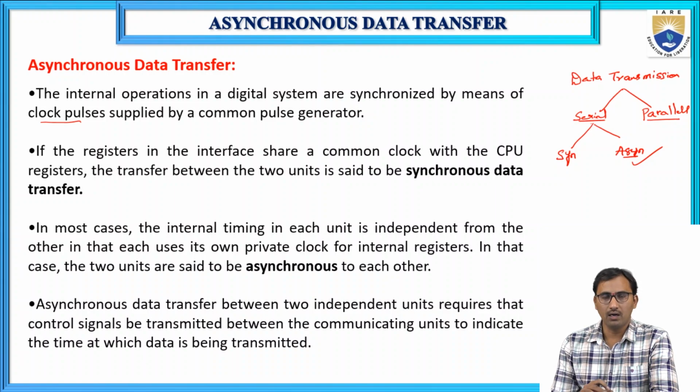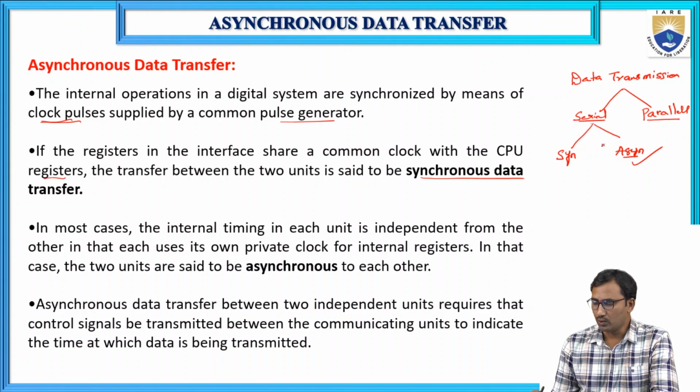The pulse generator can generate various types of clock pulses, like square, rectangular, triangular. In general, as a clock, we consider the square wave. If the registers in the interface share a common clock with the CPU registers, the transfer between the two units is said to be synchronous data transfer.